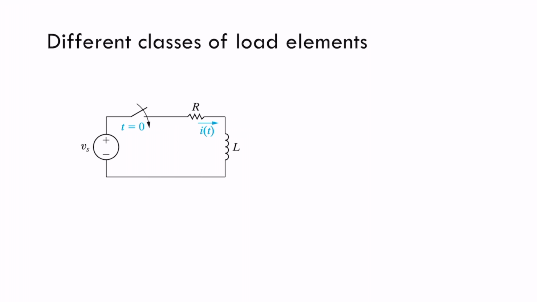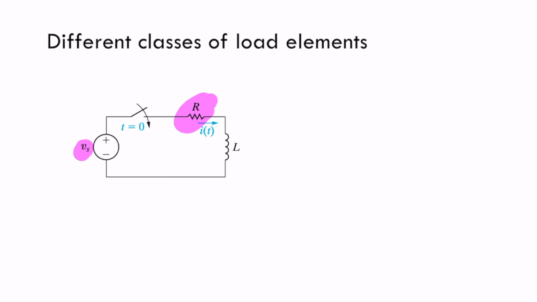So let's imagine that we have a resistor here, right? And forget for a while about this L, which is the inductor. We close this switch, and then the voltage that we are going to observe at the resistor follows the same sinusoidal wave as the voltage that we have here in our source.